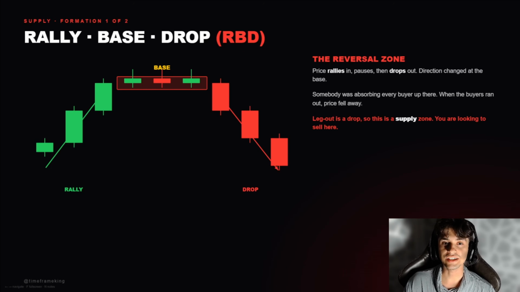Now, let's flip the whole thing over and go see supply zones. Rally, base, drop, RBD. Price rallies in, pauses, then drops out. Direction changed, okay? Somebody up there was absorbing every buyer, and when the buyers ran out, price fell with it. Leg out is a drop, so this is a supply zone, and when price returns there, you're going to be looking to sell.